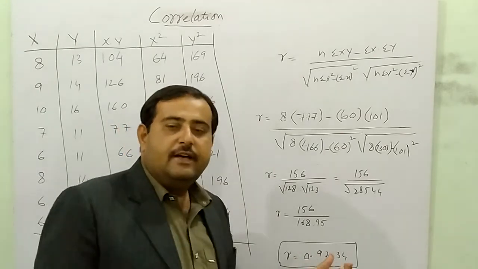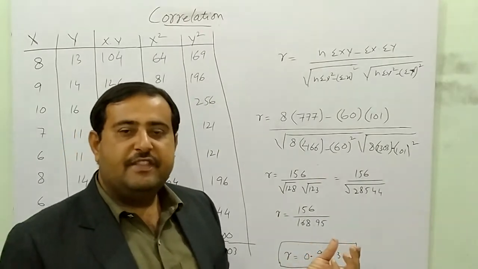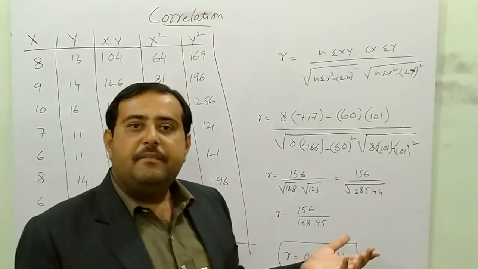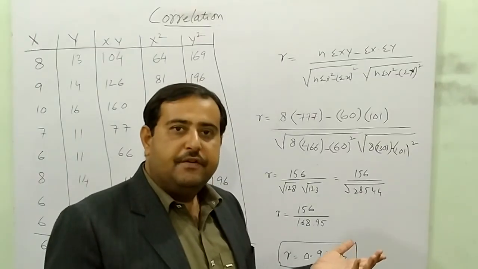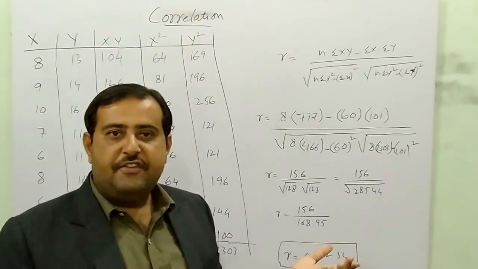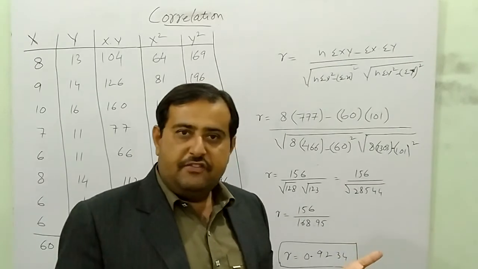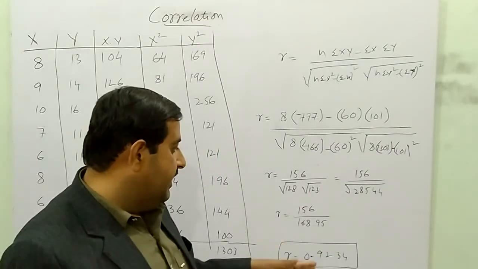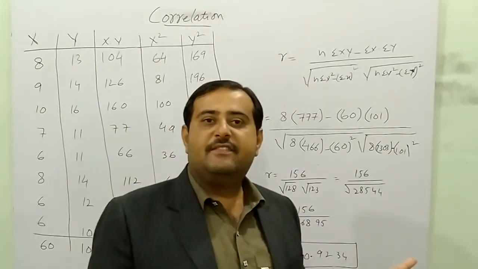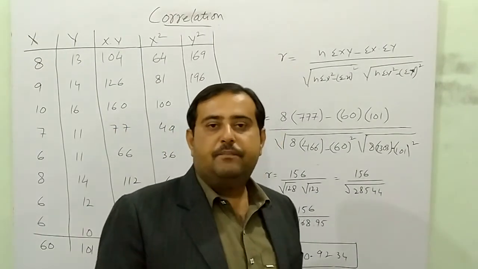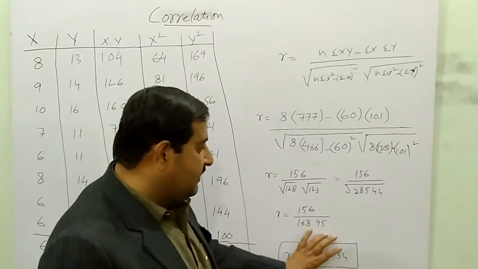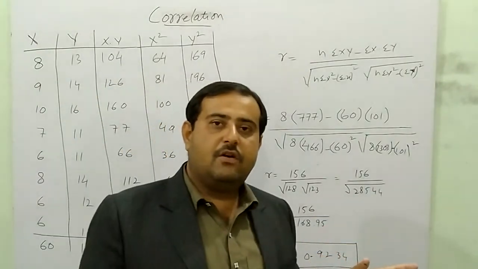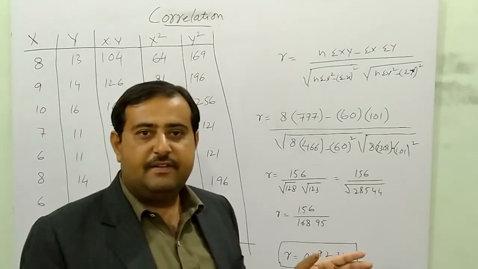You should know the limit of correlation, that is -1 to +1. -1 means 100% negative correlation, zero means no correlation between the two variables, and +1 means 100% positive correlation. So this is the pattern to calculate the correlation relationship between two variables.